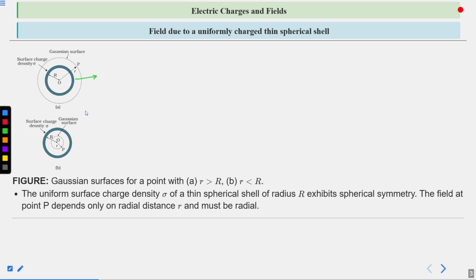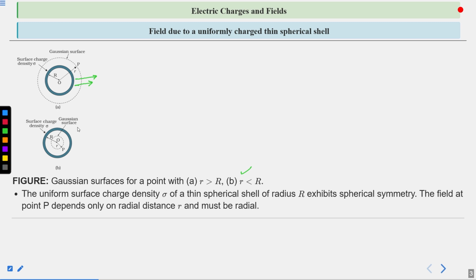Similarly, the area vector on a Gaussian surface also points radially outward.